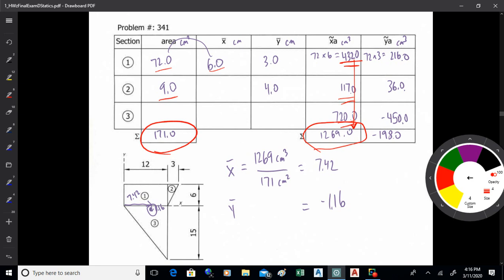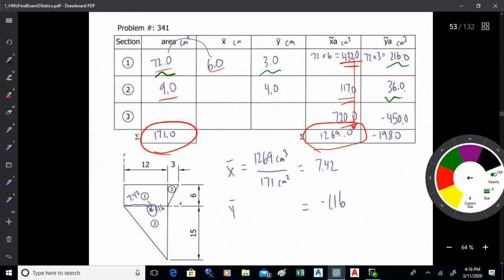I do the same thing for y bar. I'll take 72 times 3, and that's 216. I'll take 9 times 4, and I'll get 36.